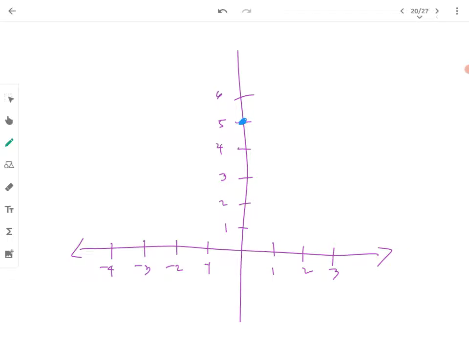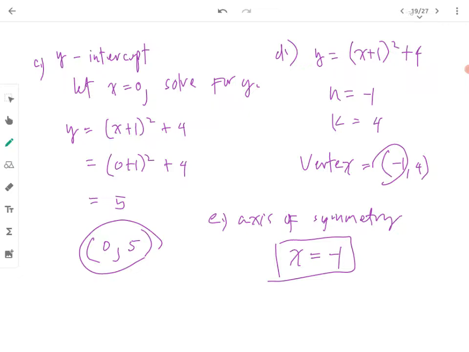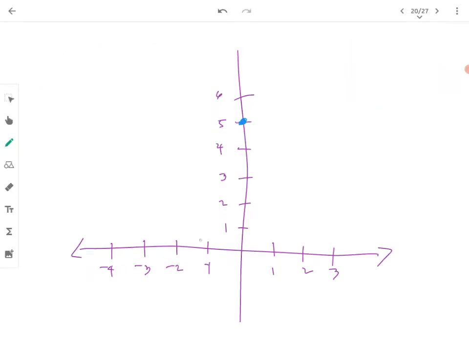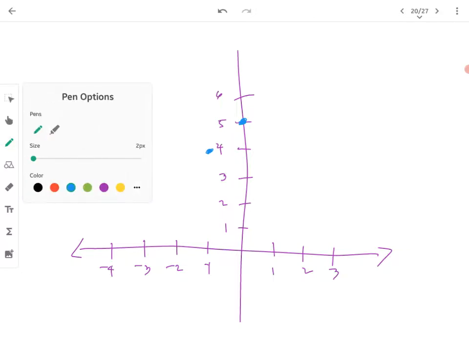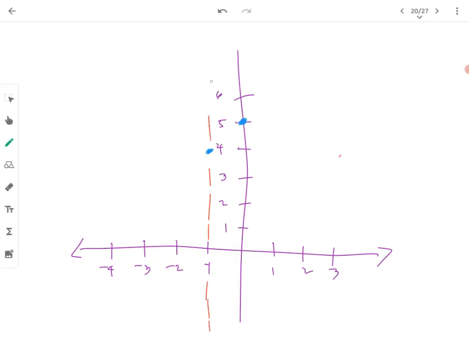We also know that the vertex is at -1, 4. -1, then 4 here. That is only our limited look of the graph. After that, we know that there's a line, x equals -1. So let's draw that line first here.